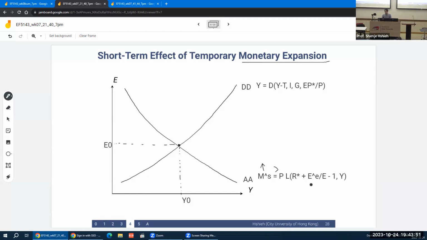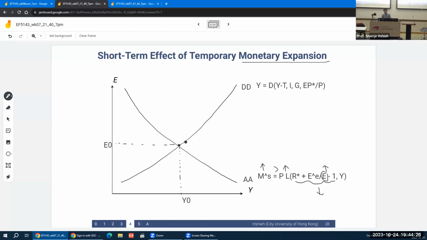All else equal, if Y doesn't change, something has to change with R. So how do I equate the left-hand side with the right-hand side? Something on the right-hand side has to increase by the same amount as the change in MS. So to increase L, I need to decrease R. And that's only possible if E increases.